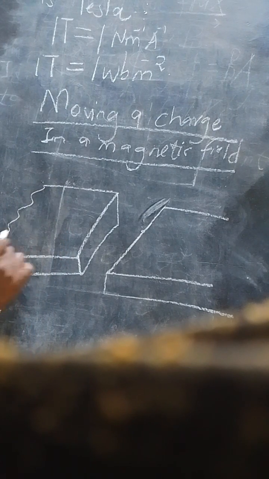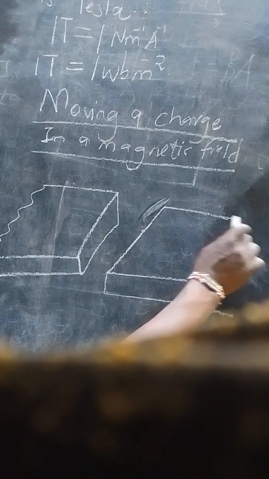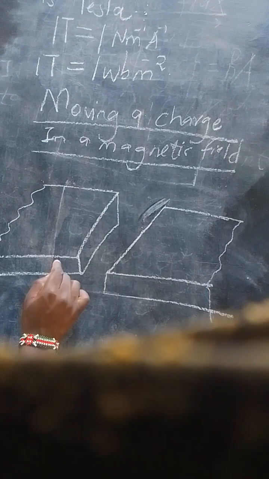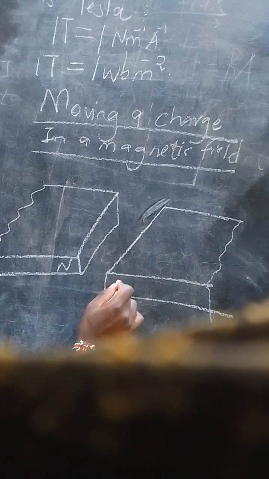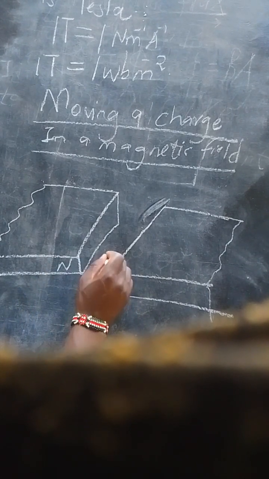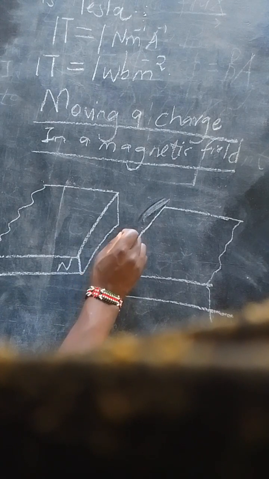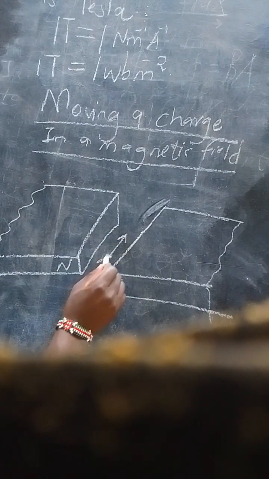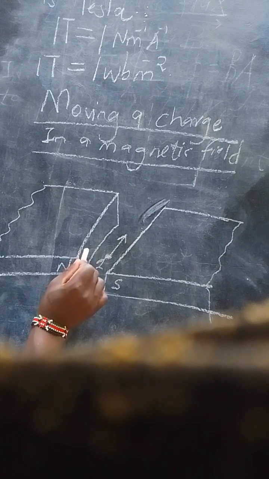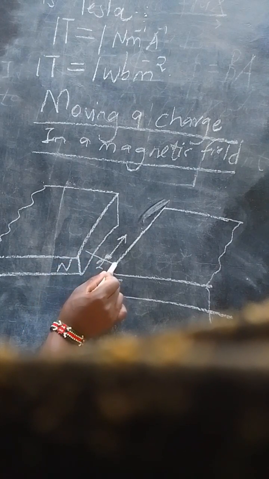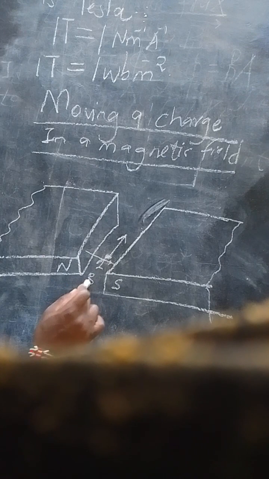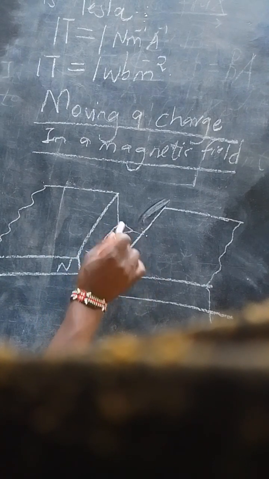And these are the ends of the magnet. So this is the north pole and this is the south pole. Now we have the charge at this point and it's moving in this direction. Take this charge to be Q, and we have, of course, magnetic field lines flowing in this direction. So those are the B fields flowing in that direction.